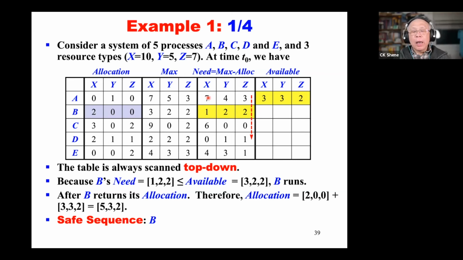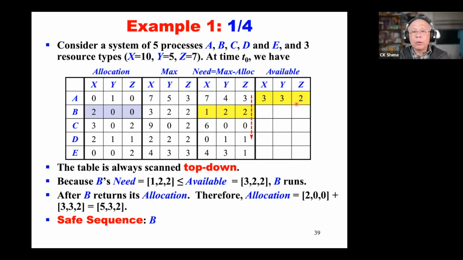Can A run? No, because 7 is larger than 3. The system does not have 7x available. Now let's look at the next one. B has 1, 2, 2, which is less than 3, 3, 2.